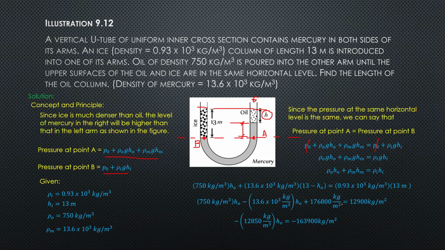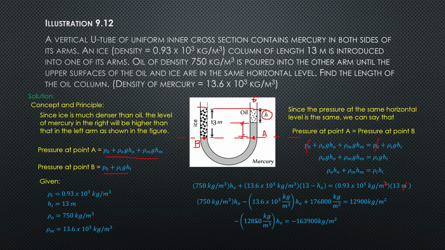Why is it square meter? Meter multiplied by meter, the cubic cancels, and this becomes a square. Similarly, this is 13 meters multiplied by that, which is square. Correct units.